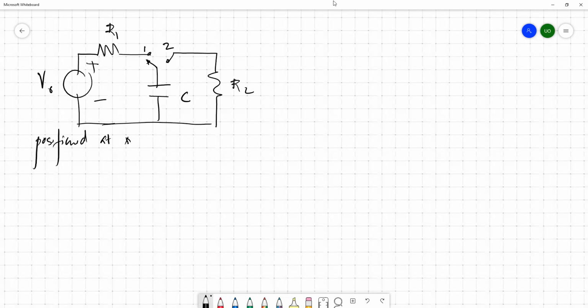what happens? The source can power the circuit. Once you place the two-way switch to position 1, we have a source.